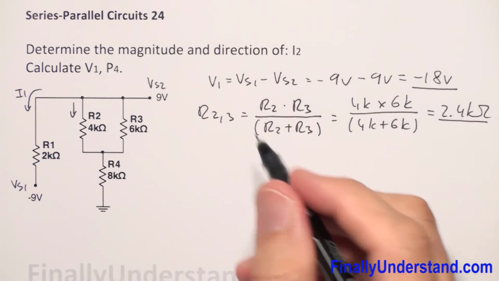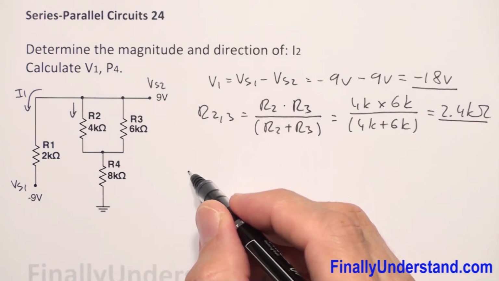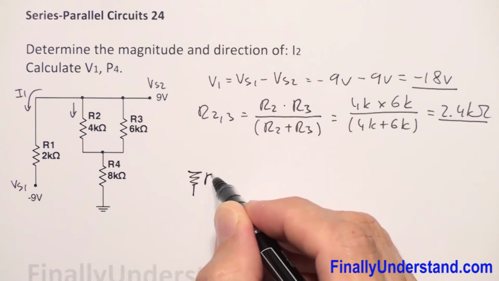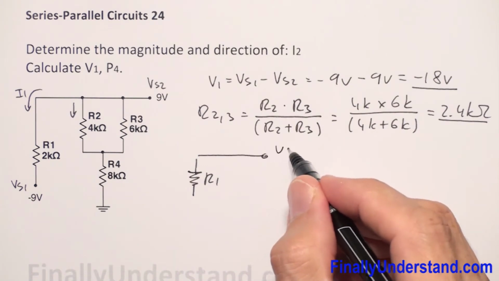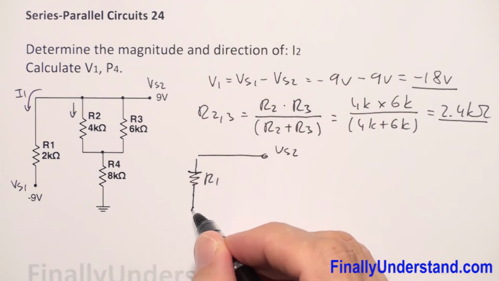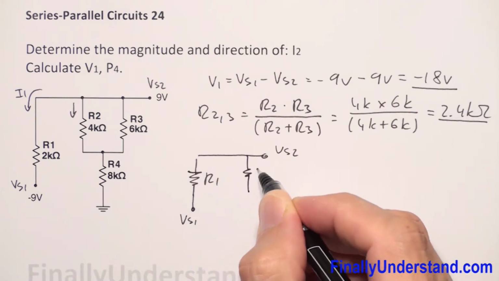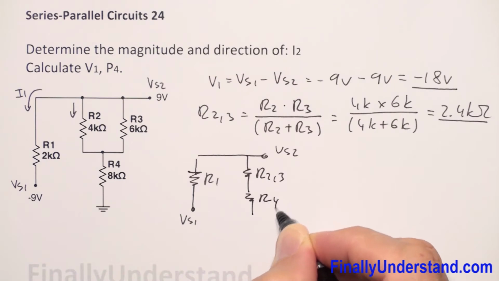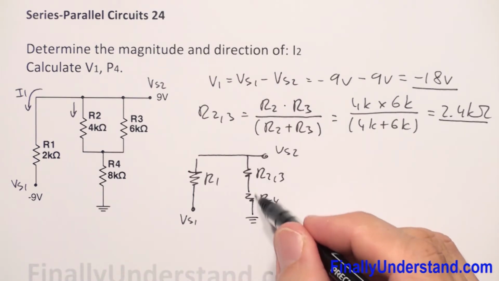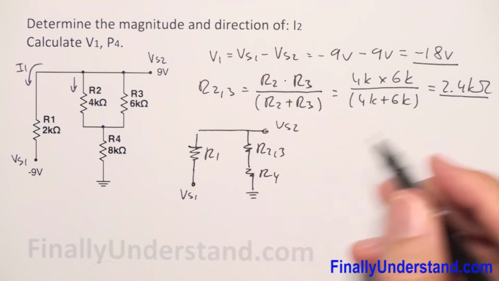So now I can redraw the circuit. So this is my resistor R1. This is my voltage source 2. This is my voltage source 1, and I have my resistor R23, and this is my resistor R4. As you can see, these two resistors are in series. So what I have to do is just find the equivalent resistance for these two resistors.